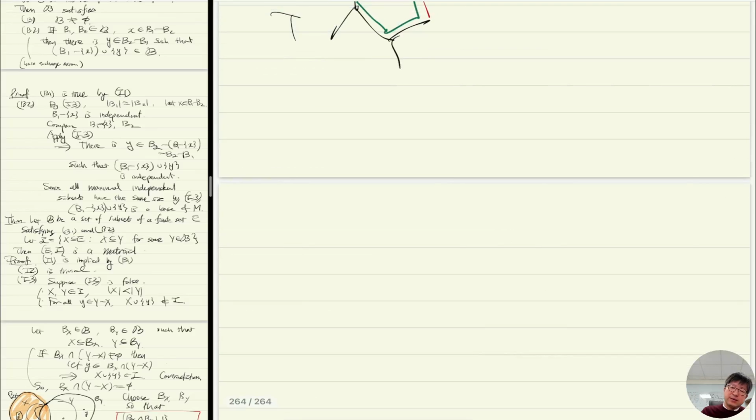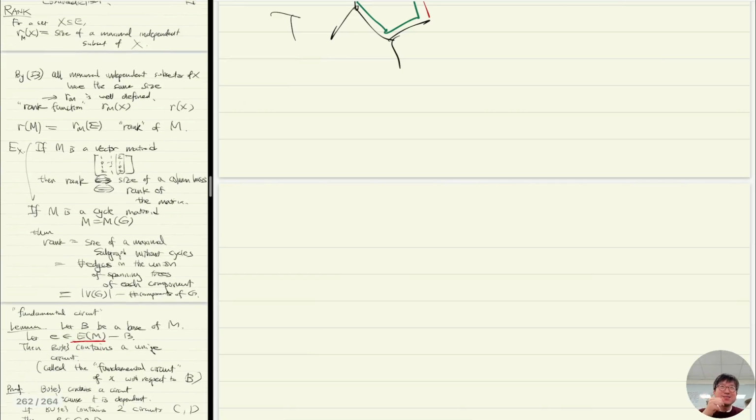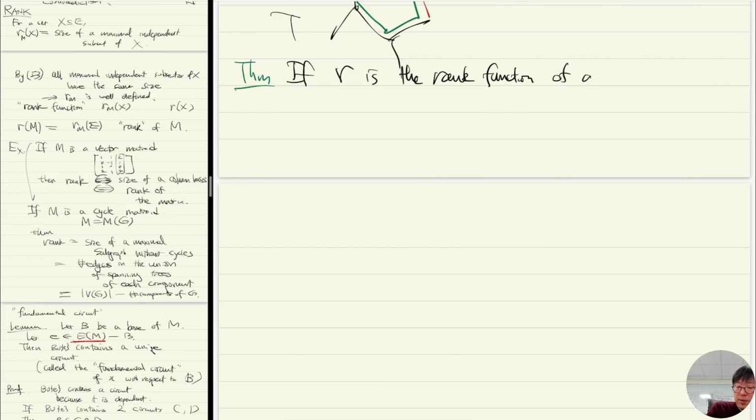All right. What else? Oh yeah, so we talked about the rank function, so maybe it's good to describe the properties of the rank function. If r is the rank function of a matroid, then it satisfies three properties.